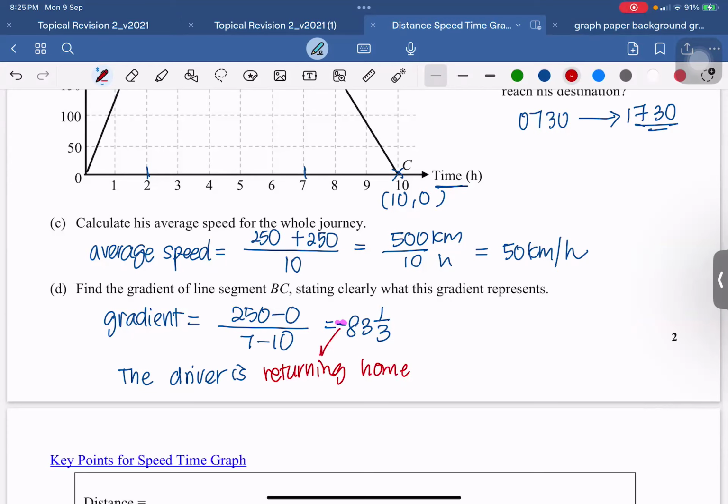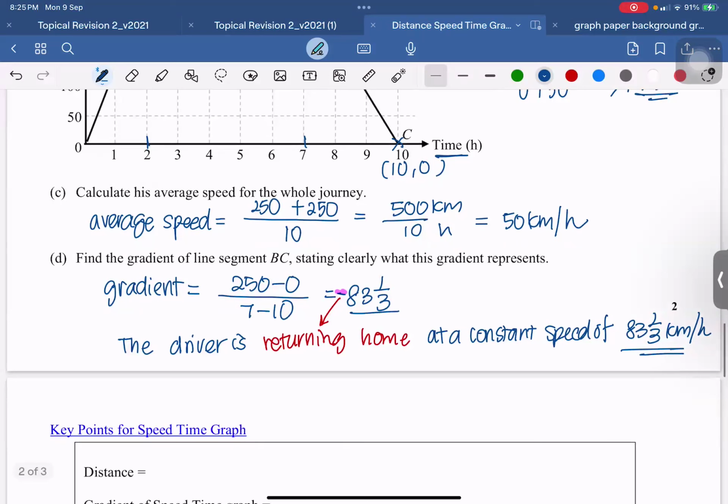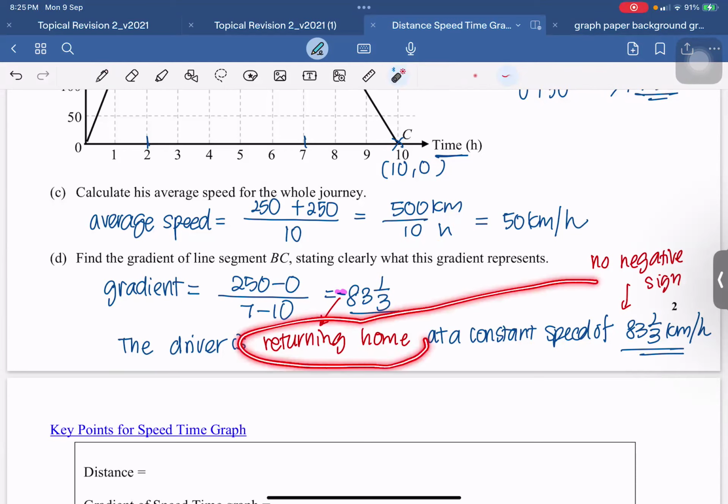So this is what the negative sign means, at a constant speed of 83 1/3 kilometers per hour. Notice here, when we write the speed, there is no more negative sign, because the negative sign has gone to returning home already.